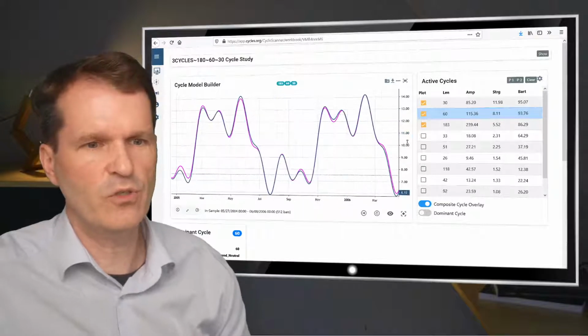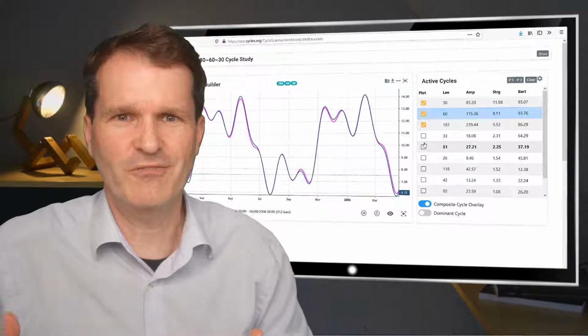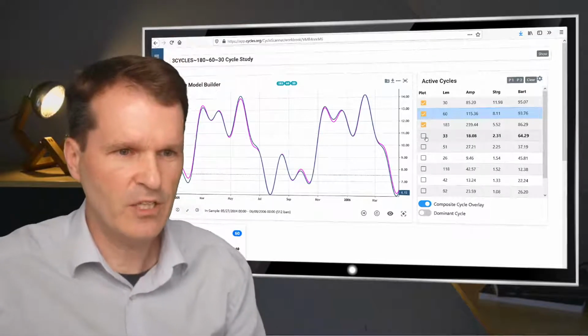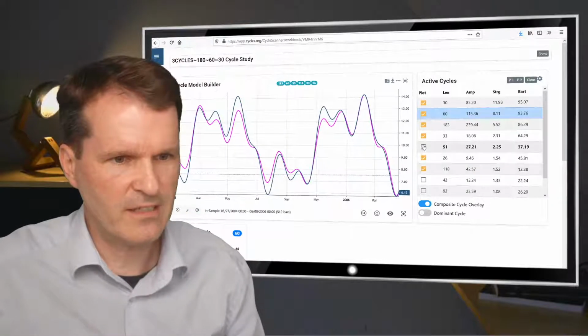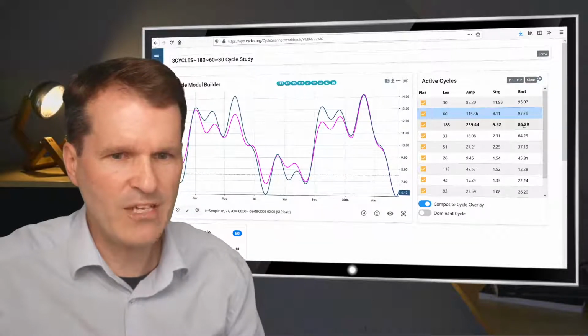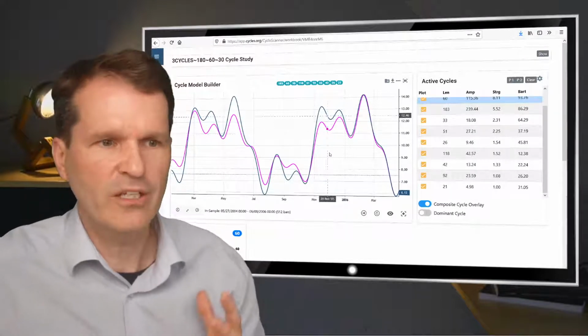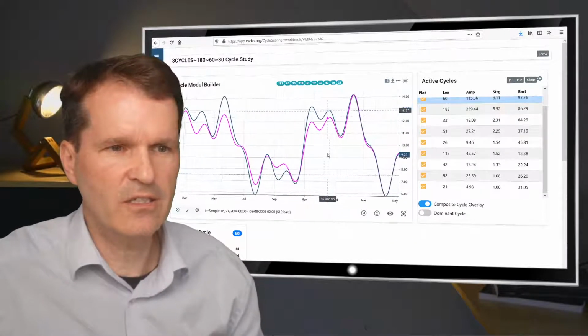But even if you're not sure if you should disable them, you can activate all the other cycles, and you will see that the overall shape and the main turning points of the composite cycle will not change.